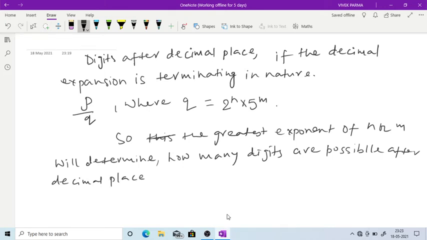So the exponent of n or m will determine how many digits are possible after the decimal place, right? So here we understand this by taking some examples.